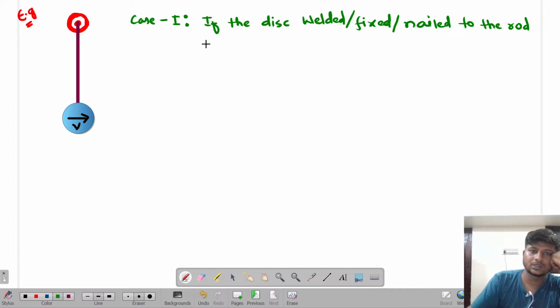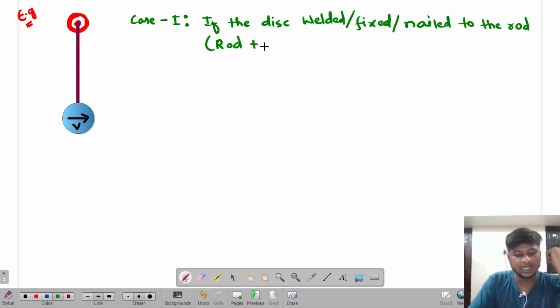Then talk about the system, whether it is rigid or non-rigid, and then talk about its motion.